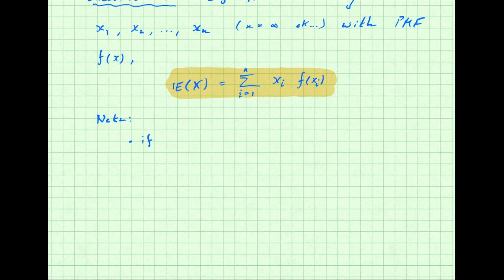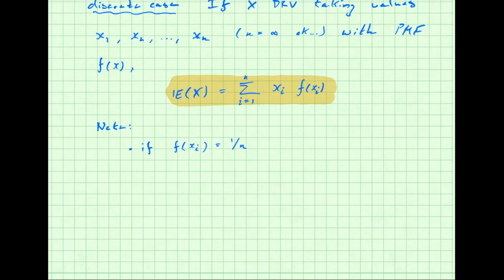Just for the sake of argument, let's suppose that f of xi is equal to 1 over n. Now, that's obviously not possible if n is infinity. This is meant to be for a case where n is finite. It's just an illustration.